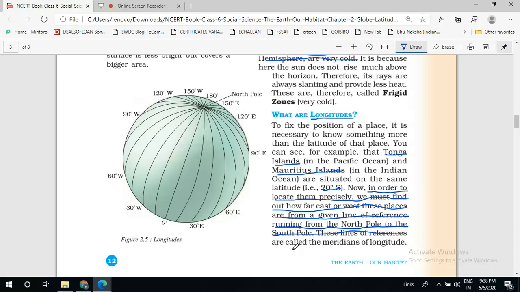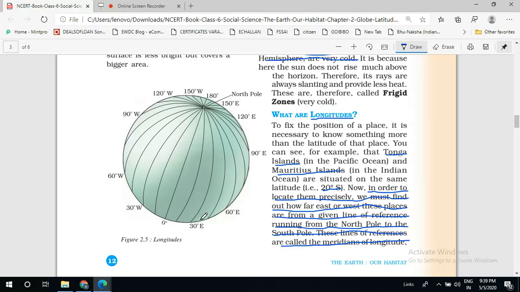Now you can see in the picture how these lines are drawn. This is the North Pole, and we are not able to see both poles. The lines are drawn from the North Pole to the South Pole. They can be drawn from the South Pole to the North Pole also. Both are the same.